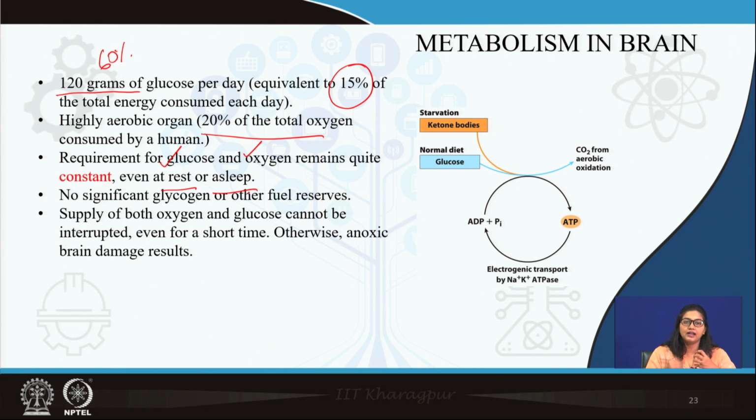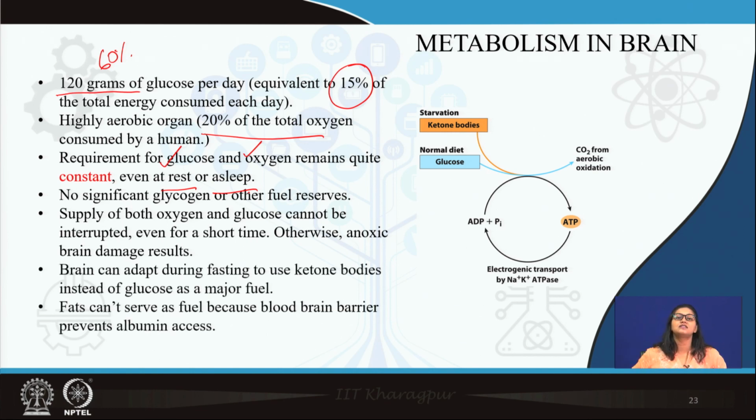If this energy deficiency is there, there will be anoxic damage. So, to prevent that, whenever there is a fasting condition or a fall of blood glucose level, whatever glucose is available is siphoned for brain's utilization. The other organs are basically secondary at that time.